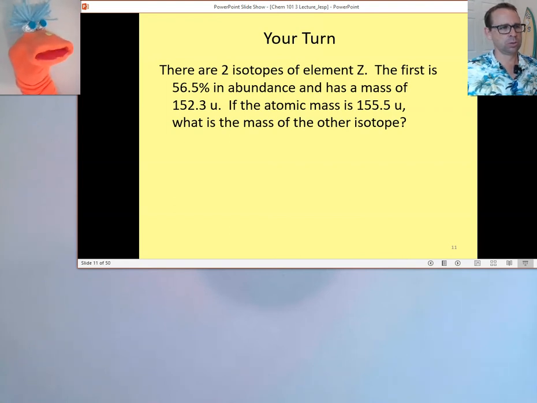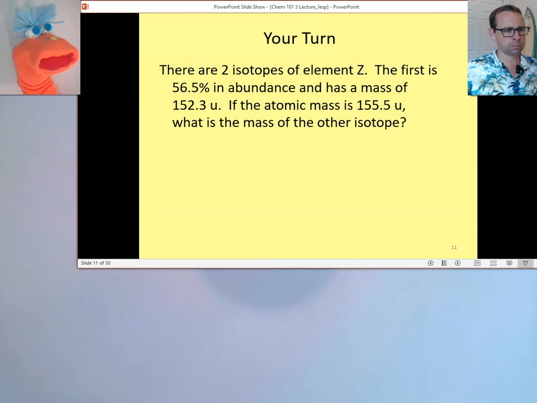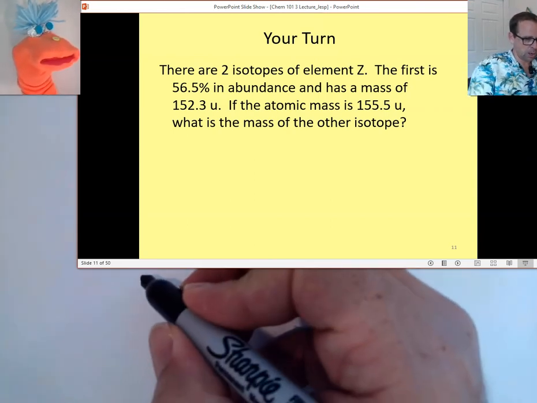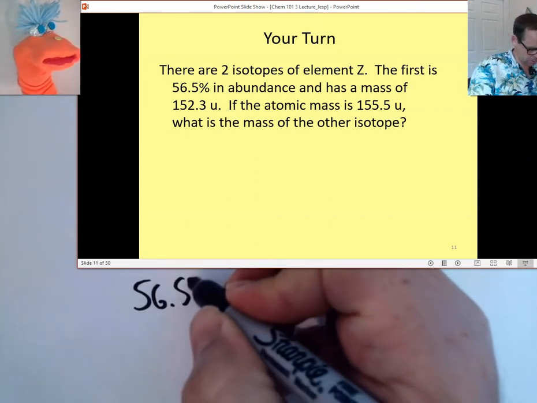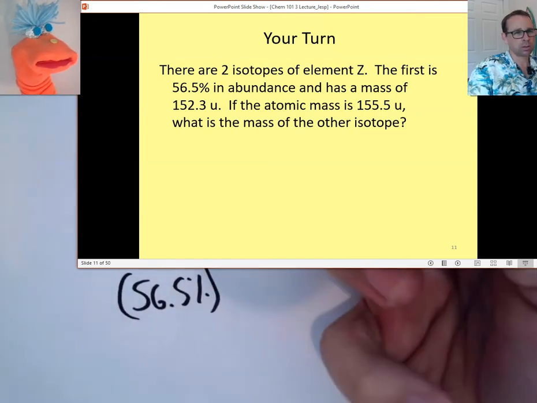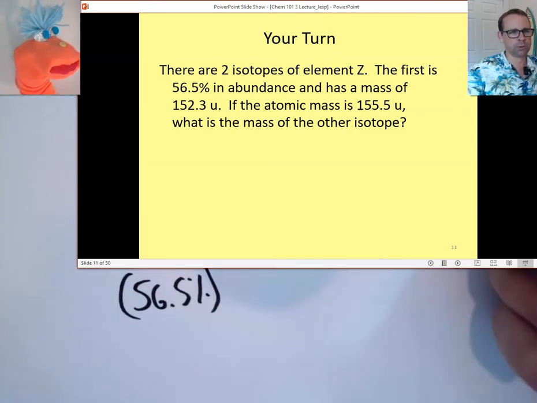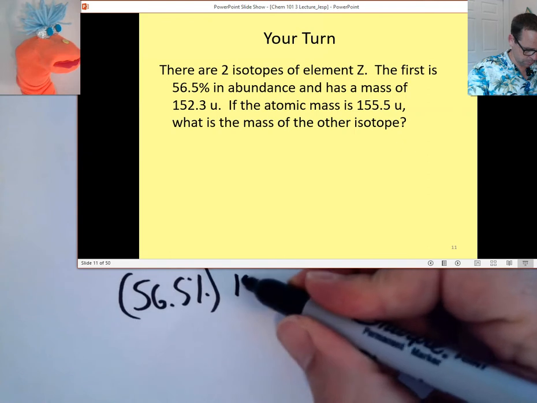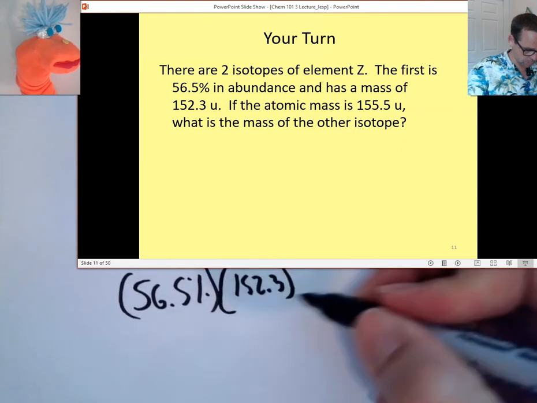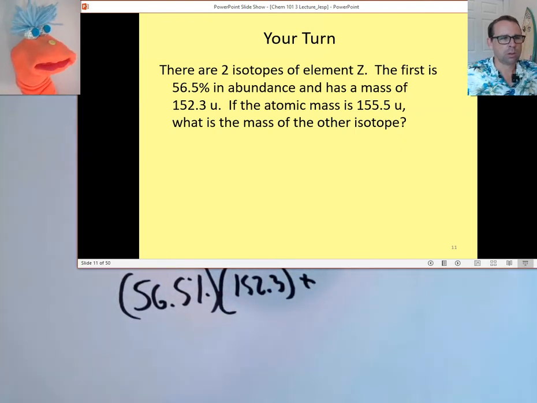Well, you would take the percentage of one, times the mass of one, add it to the percentage of the other, times the mass of the other, and divide by 100. So we got 56.5%. Multiplied by what? 152.3. Add it to what? I don't know the other percentage.